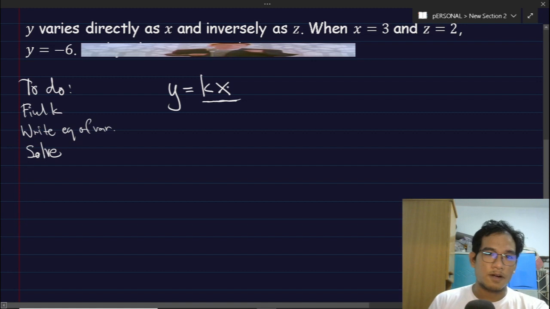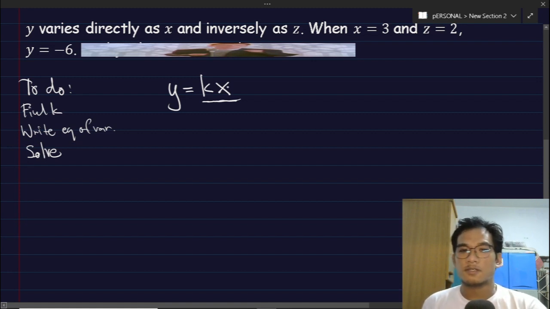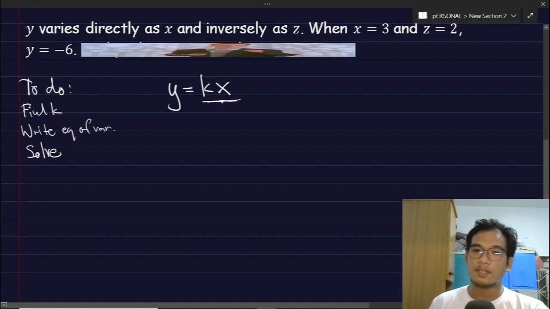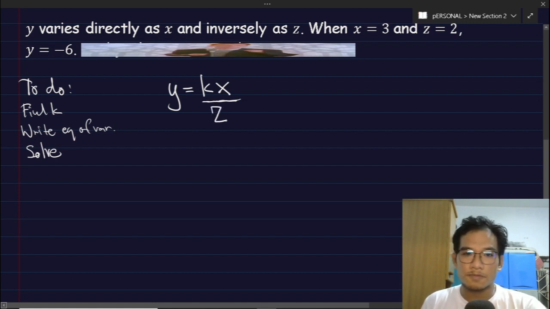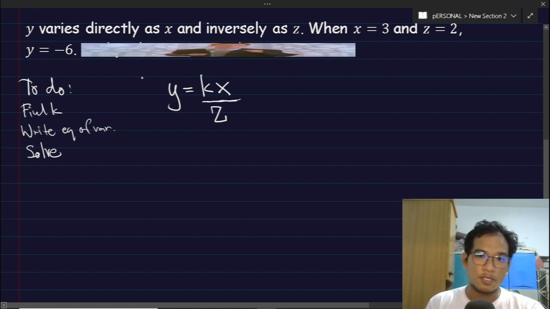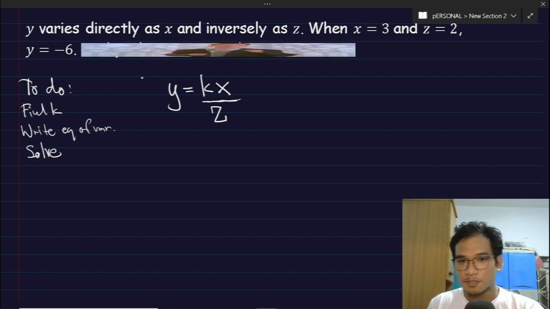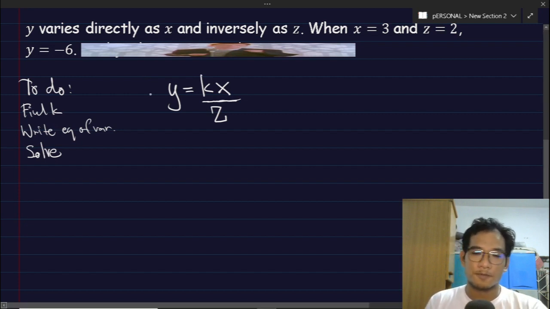Now, since y varies inversely as z, in inverse variation, the variable is in the denominator. So we will put z here. This is the form of equation that we're going to use to find the k.